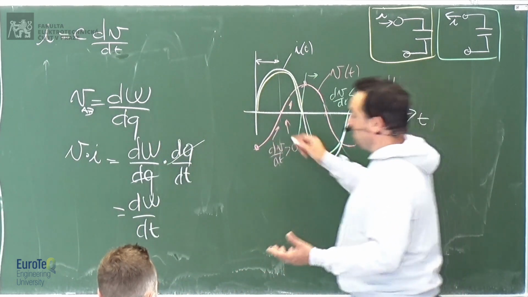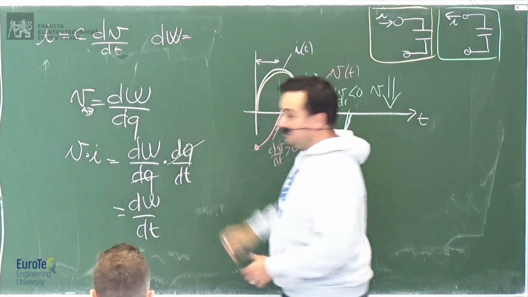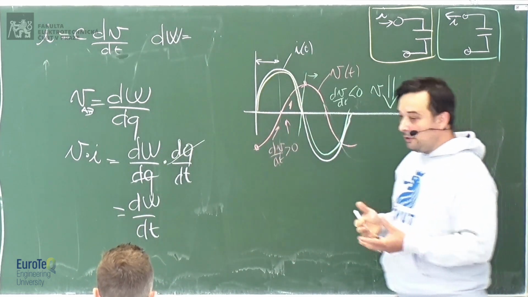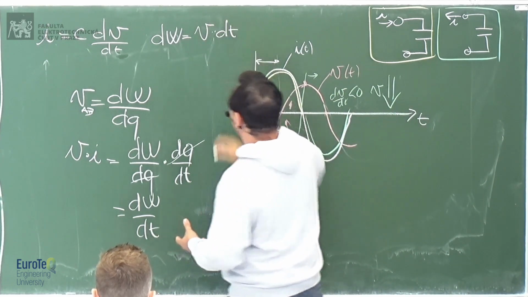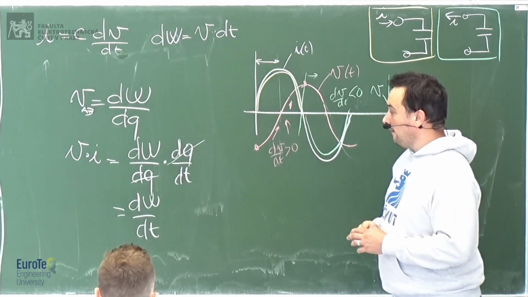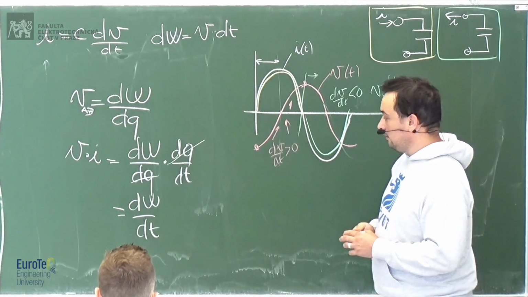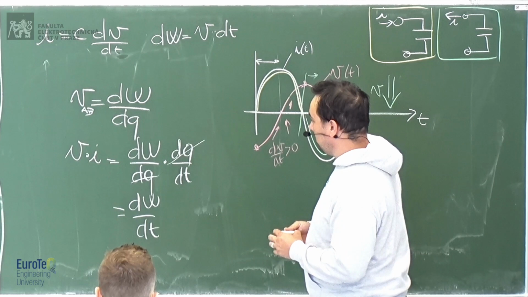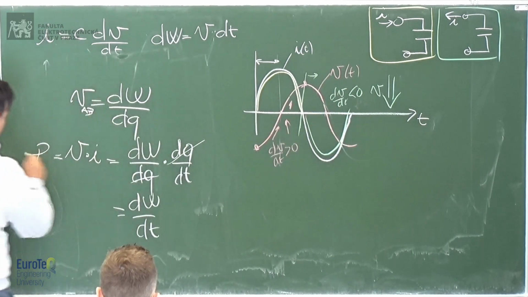If you want, you can say that the elementary work will be the voltage times the elementary time. Oh, no, there needs to be current. So this is the power.